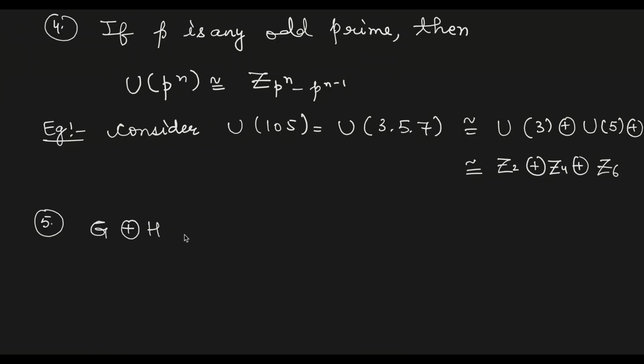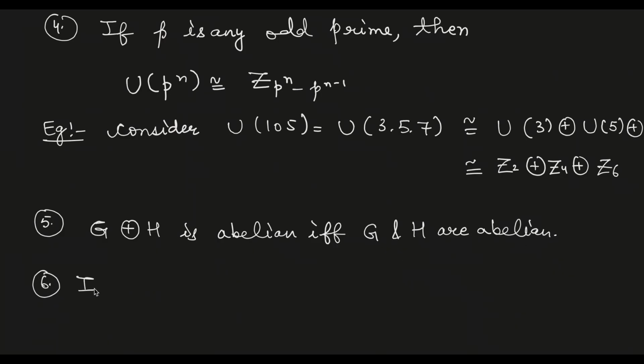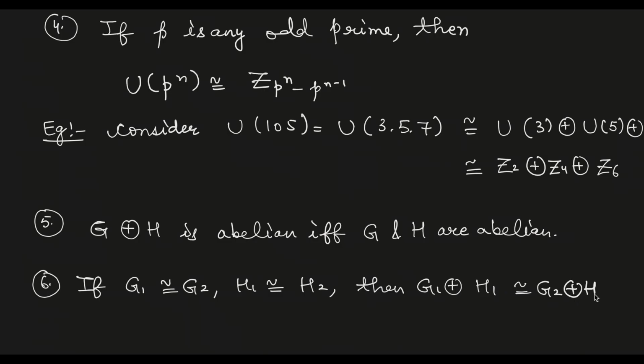G direct sum H is abelian if and only if G and H are abelian. Sixth, if G1 is isomorphic to G2 and H1 is isomorphic to H2, then G1 direct sum H1 is isomorphic to G2 direct sum H2.